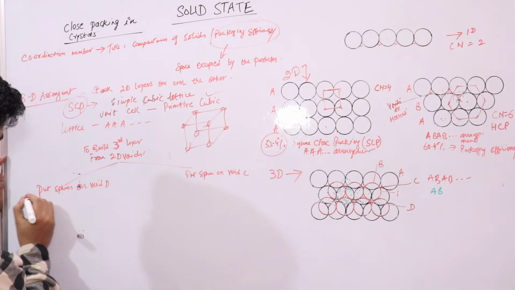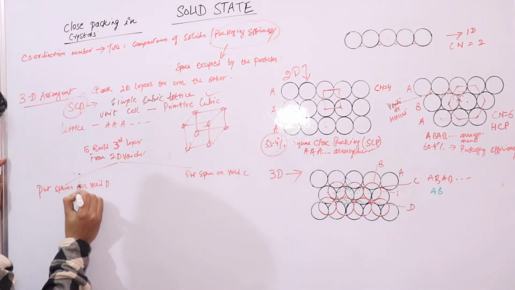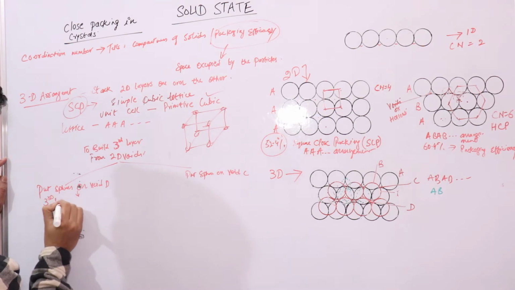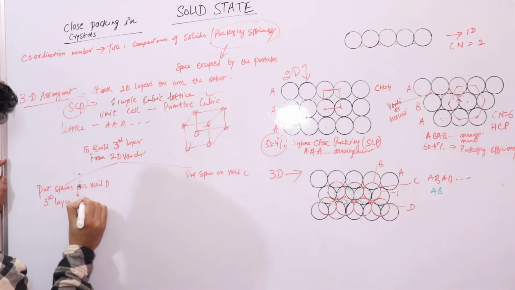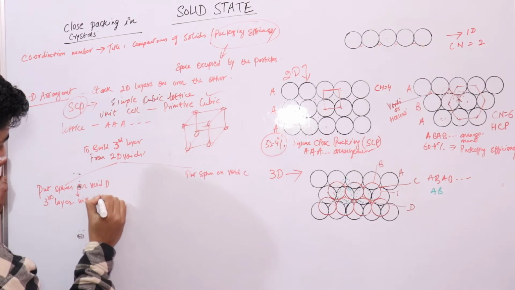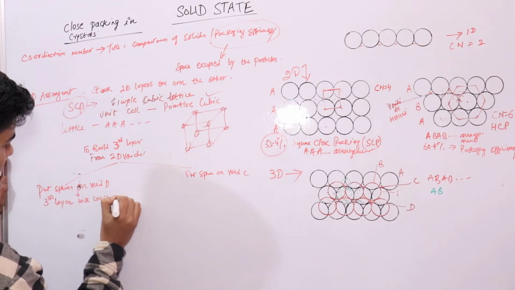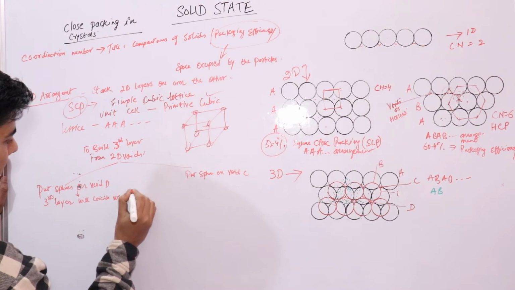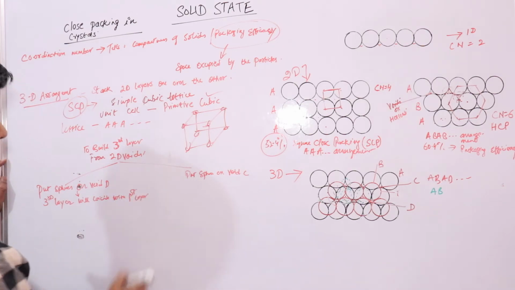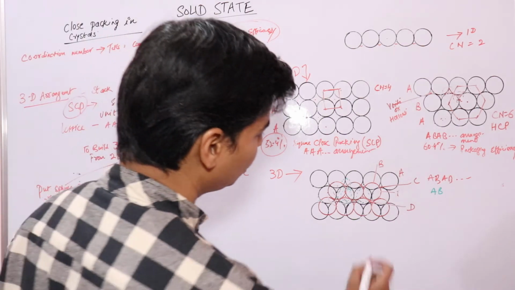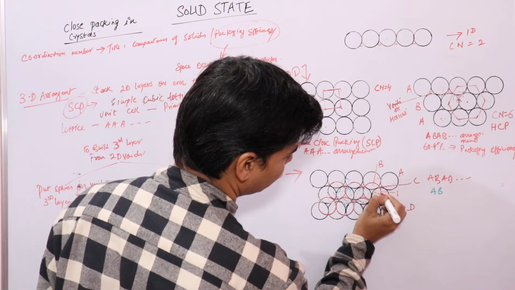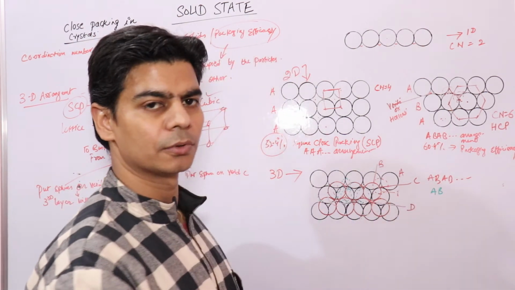So here the third layer will coincide with the first layer. And if I put the spheres onto the other void, we get a new type of layer.